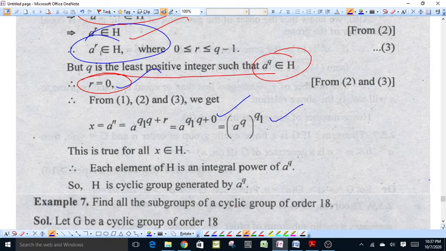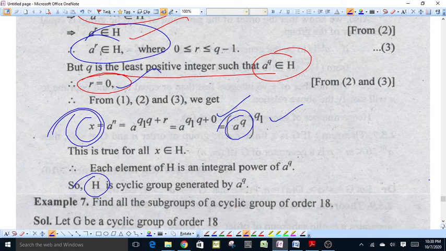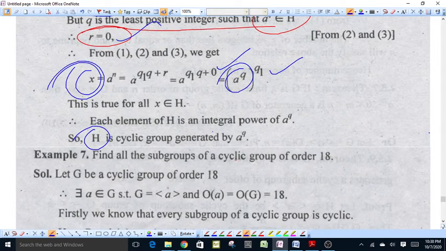This means every element of H is generated by a raised to power q. Every element of H can be written as an integral power of a raised to power q. Therefore a raised to power q is a generator of subgroup H. Therefore H is a cyclic subgroup of G and is generated by a raised to power q.